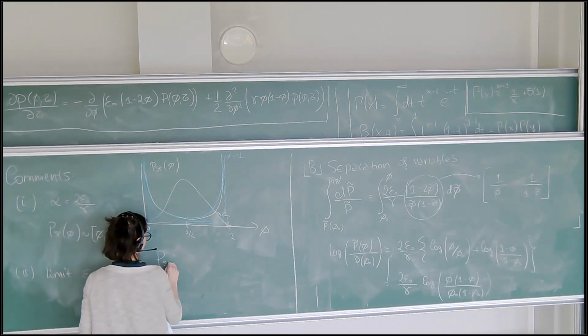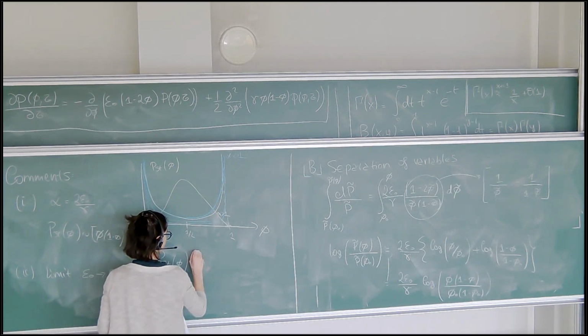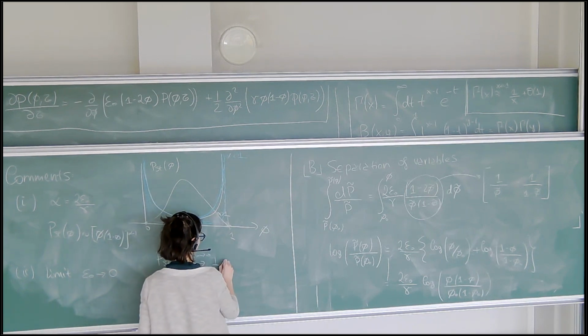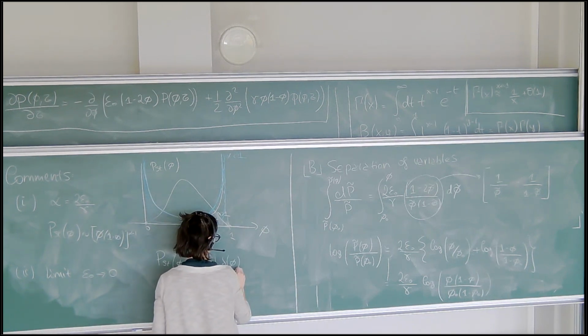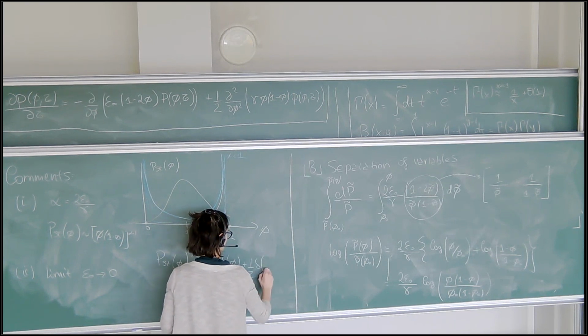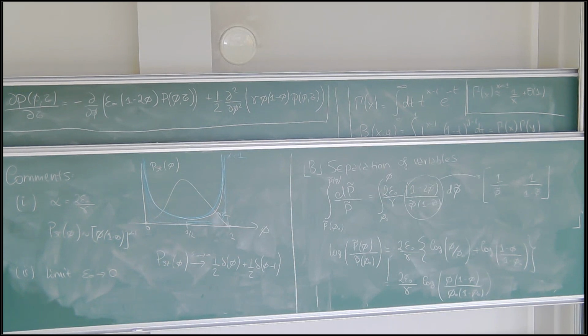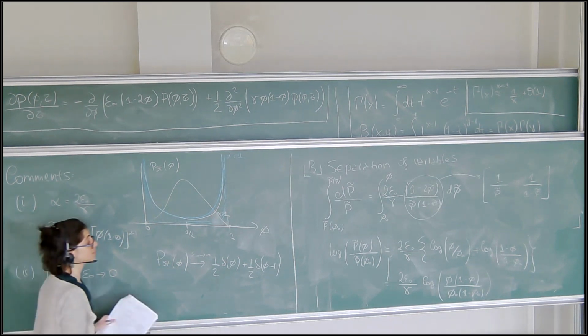So this means that your phi stationary, in the limit epsilon going to 0, converges to a delta where all of your population is either in 0 or in 1 with half and half probability.